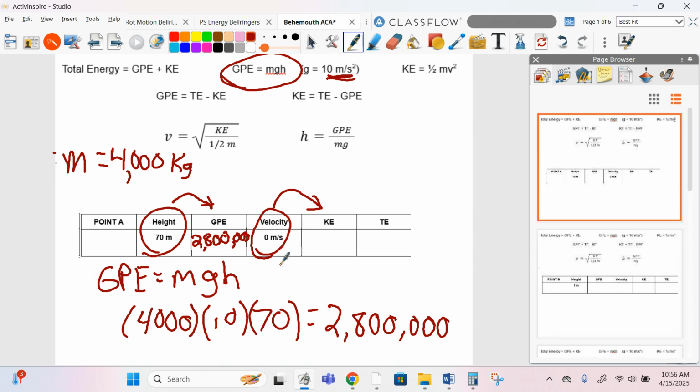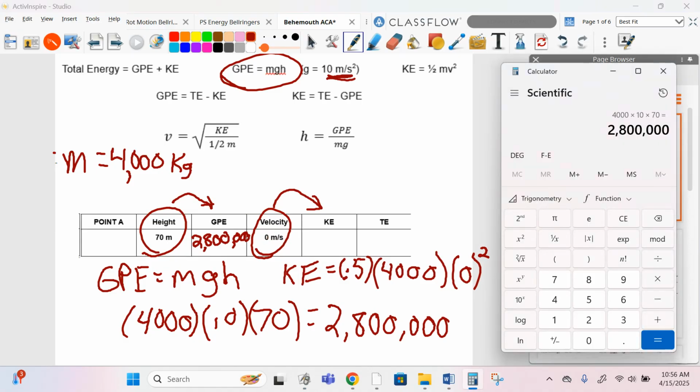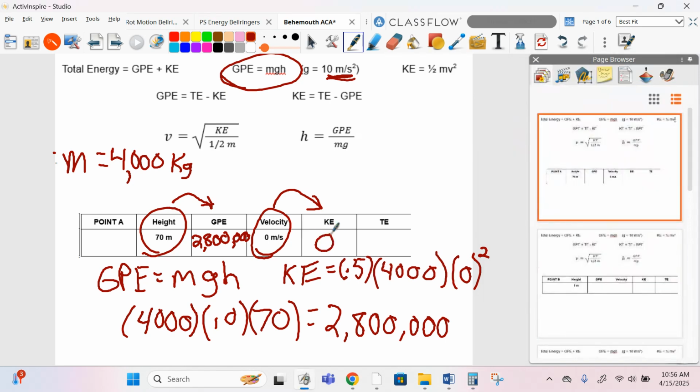If I'm finding the kinetic energy, well, the coaster is not moving at this point. 0.5, don't forget your decimal, times the mass, 4,000, times 0 squared, because that is the velocity. And anytime that I multiply by 0, 0.5 times 4,000 times 0 squared is just 0.